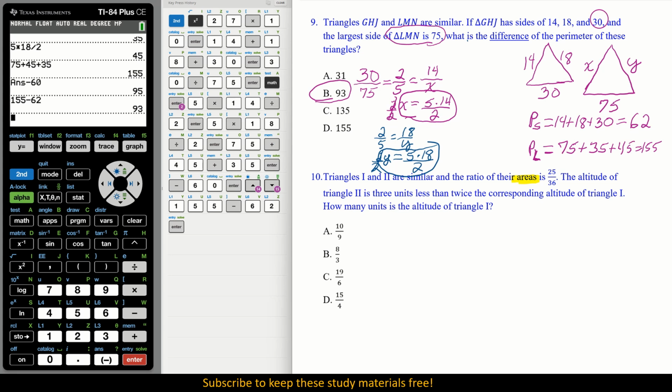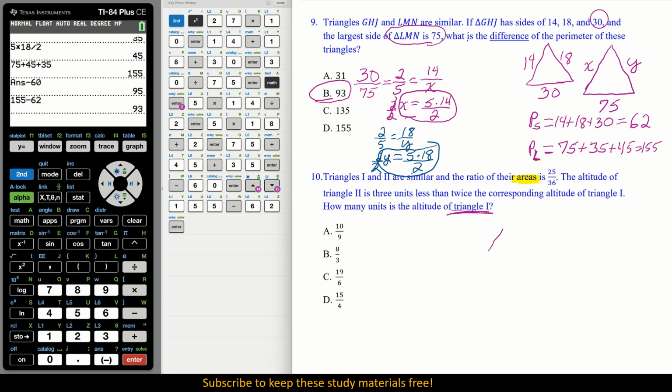The altitude of triangle 2 is 3 units less than twice the corresponding altitude of triangle 1. How many units is the altitude of triangle 1? That is really great that this is what they're asking, because if they had asked for triangle 2, then we'd have an extra step. This is actually simpler for us.